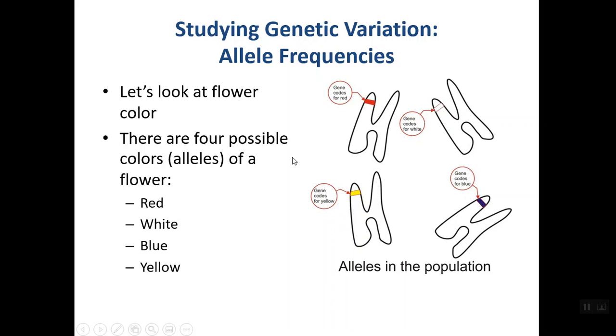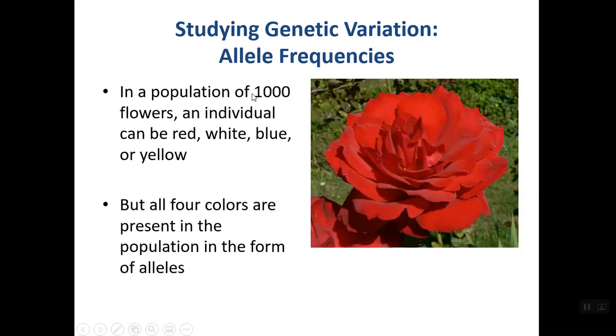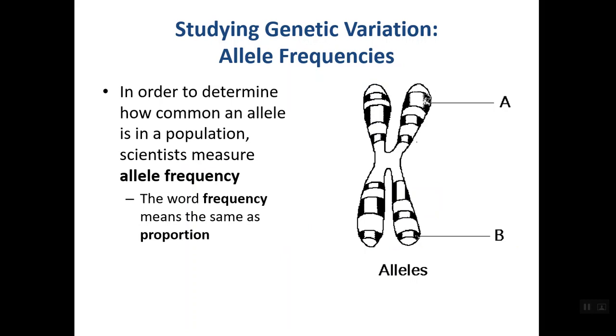That's one possibility, okay? So in a population of, say, 1,000 flowers, an individual can be red, white, blue, or yellow. But remember that all four colors are present in the population in form of alleles, okay?